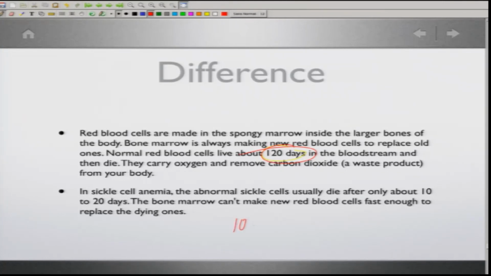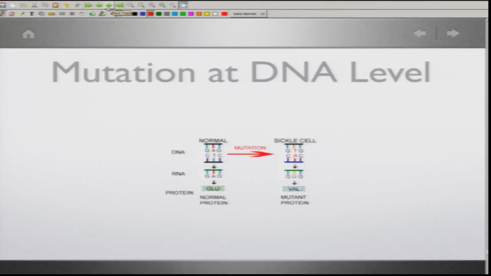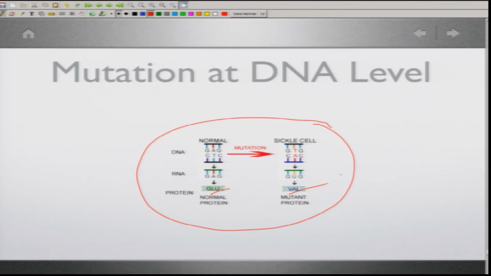So, this is quite a difference, and the bone marrow can't make new red blood cells fast enough to replace the dying ones. At the mutation level, this is where the sickle cell mutation takes place: glutamic acid replaced by valine. This is the mutant that leads to the formation of sickle cell anemia.